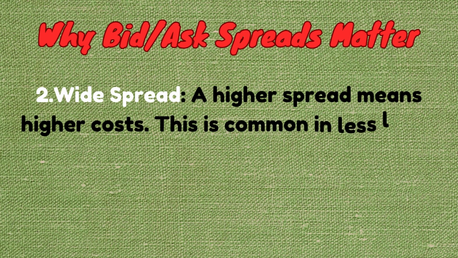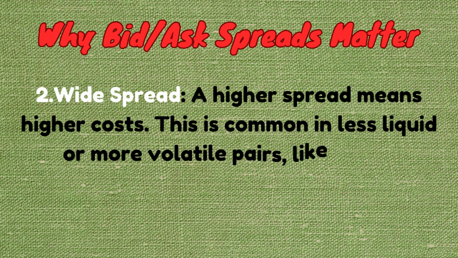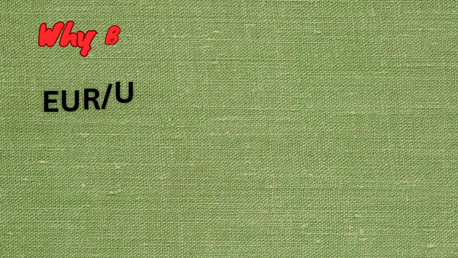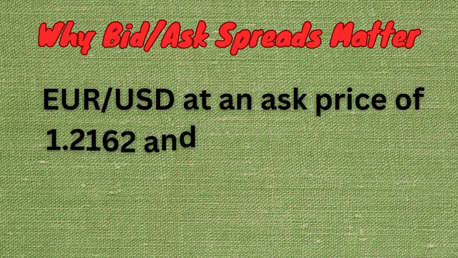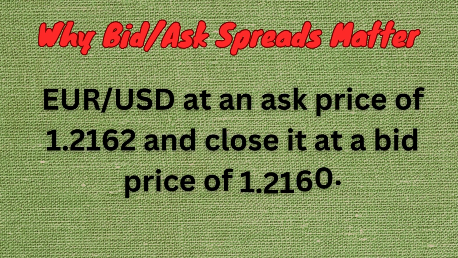You're the one making a loss here, because the broker is making money. This is common in less liquid or more volatile pairs like exotic currencies. Suppose you open a trade of EUR/USD at an ask price of 1.2162 and close it at a bid price of 1.2160. Because of the spread, you need the market to move at least 2 pips in your favor just to break even.